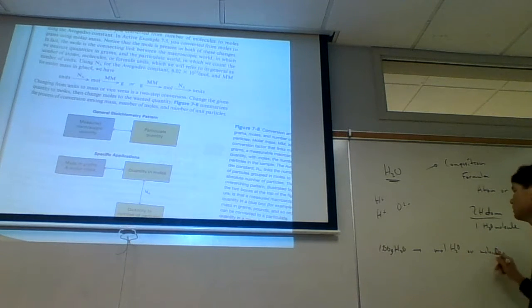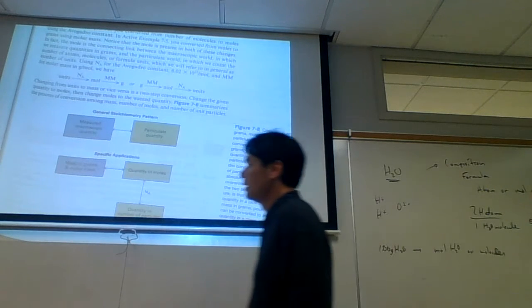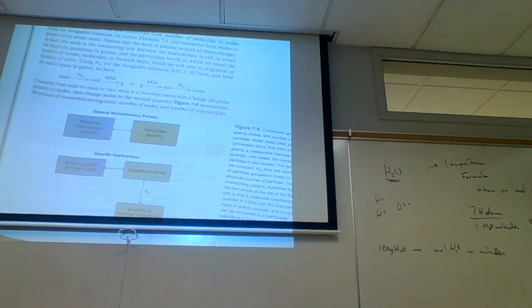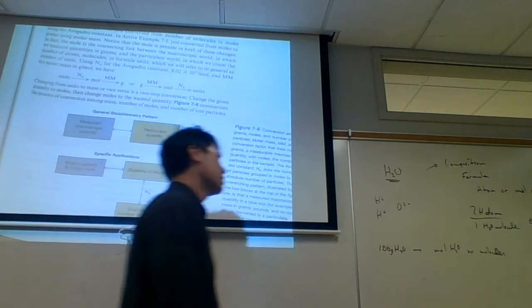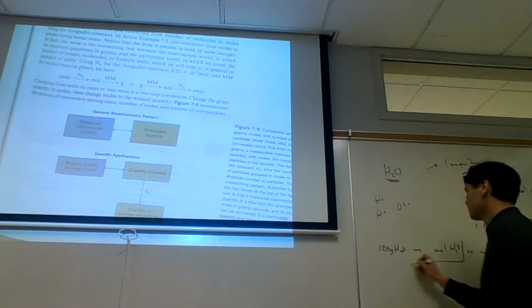The reason is because the formula is the atom or mole ratio. It's not the mass ratio. And so let's look at the composition by mass. So this is one of the most common conversions that we do, a gram to mole conversion.